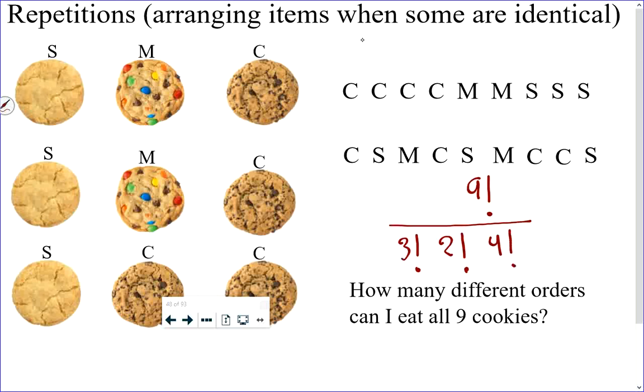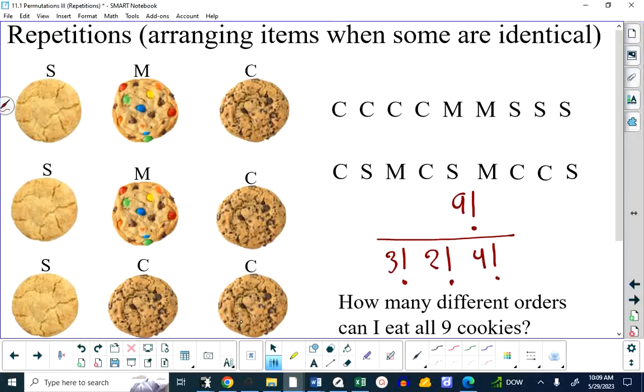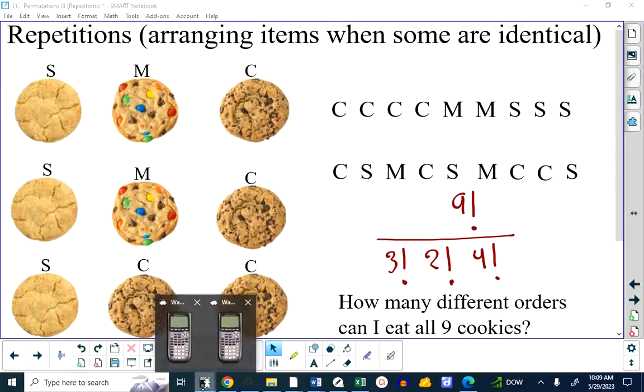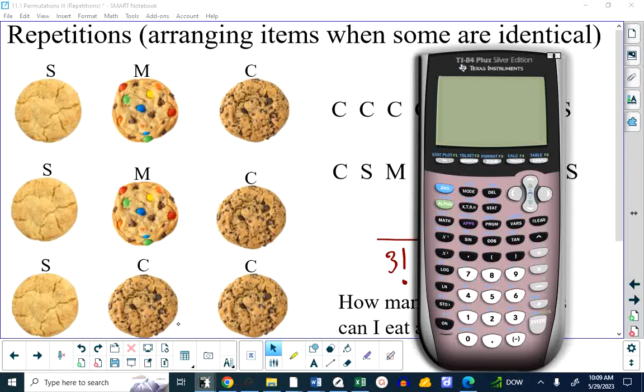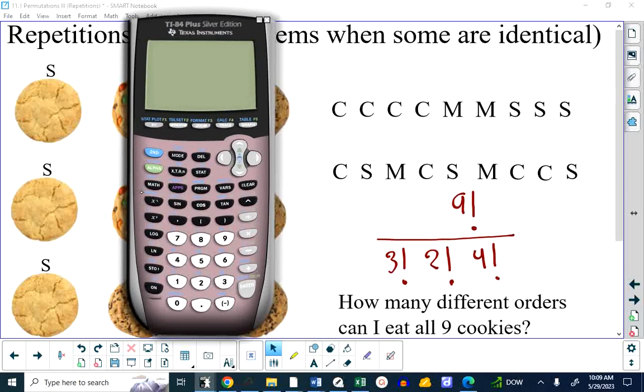Just to make sure we know how to use our calculators, let's all calculate that, please. I know what 3 factorial is, I know what 2 factorial is, I know what 4 factorial is, but I'm going to use the factorial function. I would do it this way.